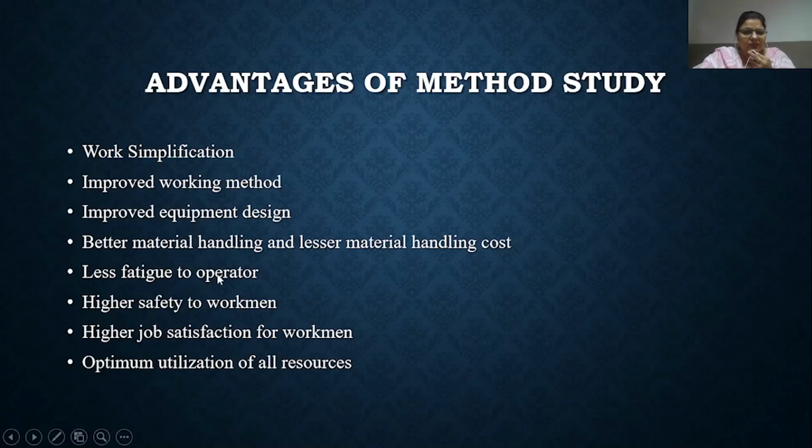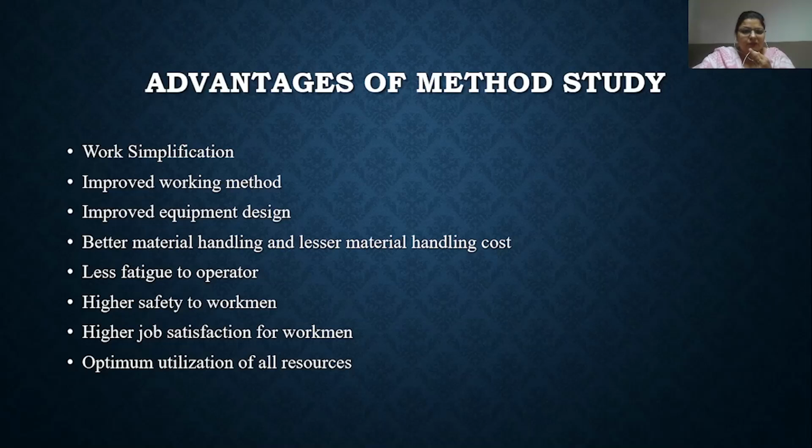Next is less fatigue to the operator. Yes, this is also a very important advantage of method study, that we are checking that the worker utilizes resources well, so the person will have less fatigue. Next is higher safety for the workers. Yes, we can give a safe working environment for the workers through method study.